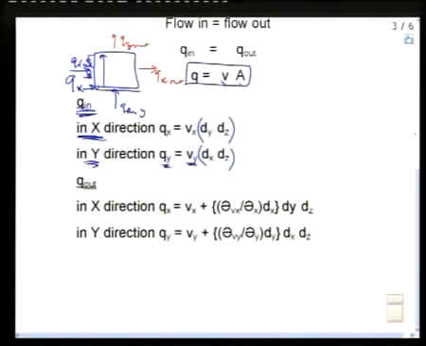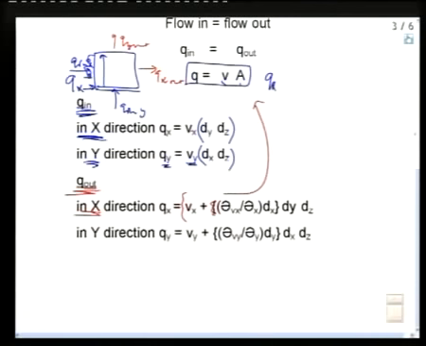Now, Q out in the x direction, I will have Qx. What will it be? Qx equals velocity at the side x plus, this should not be here, this should be here. I will write it here in a way that you can see it.